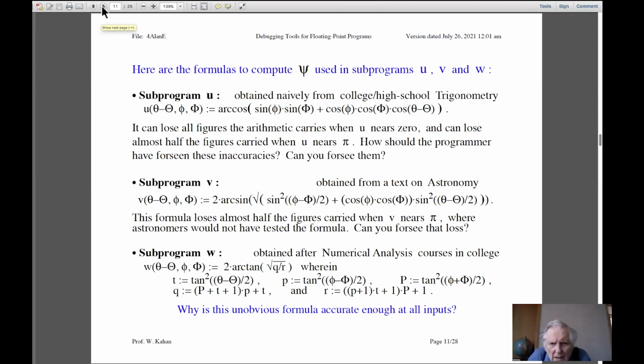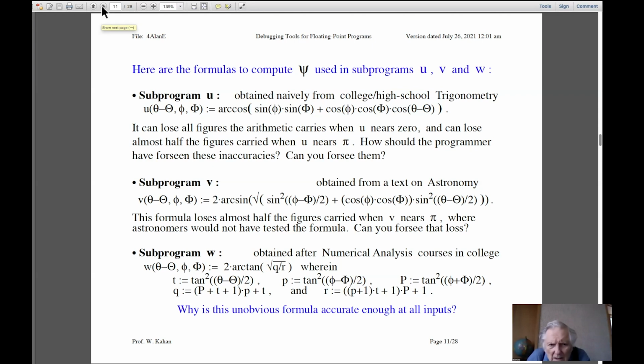Subprogram V doesn't lose quite so many figures, but it still has a certain amount of work. You can see that there's an arc sine and a cos. So that's 3 references to trig functions.